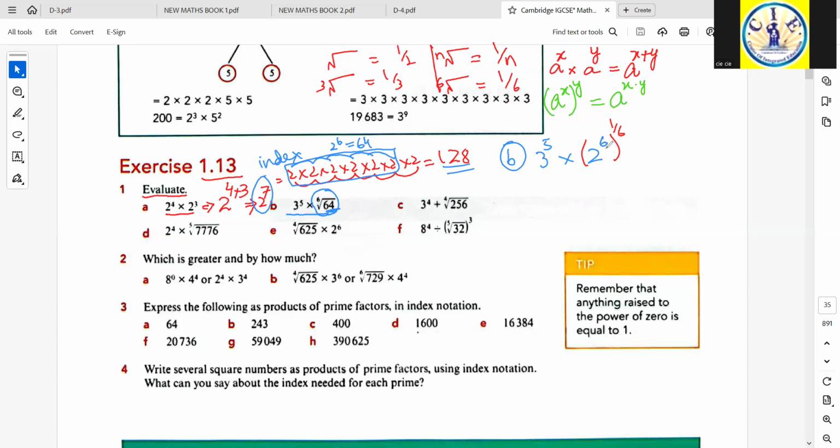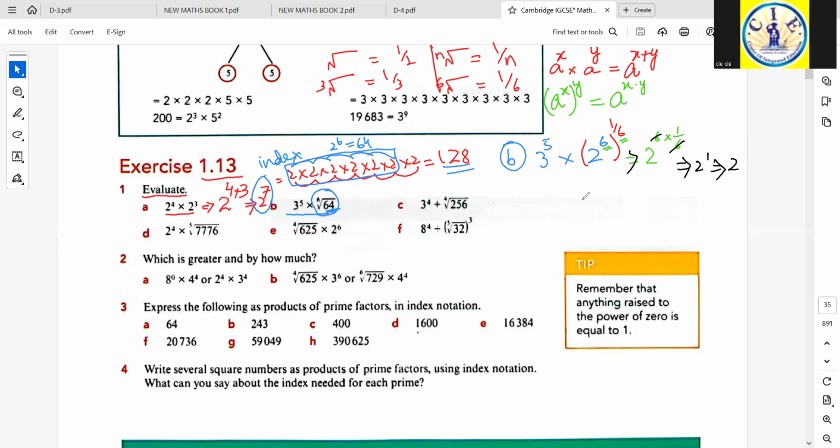So you see here 2 has got two powers, 6 and 1 by 6. So using this rule, we can have 6 times 1 by 6. Now since 6 and 1 by 6 are multiplicative inverses of each other, we can get them cancelled. So the final answer is 2 raised to power 1, that is 2. So this is how it is to be done.